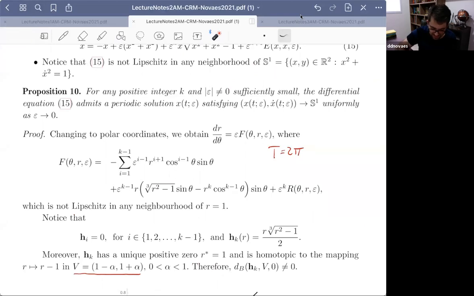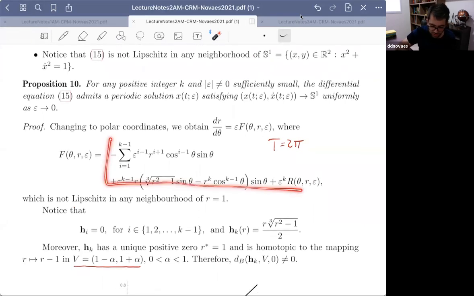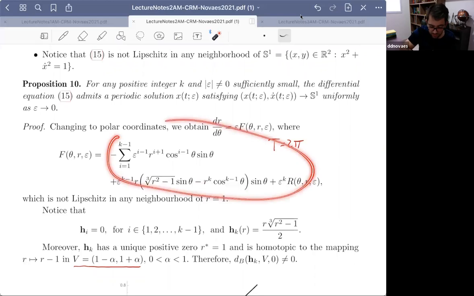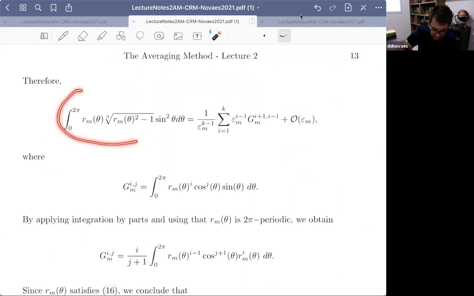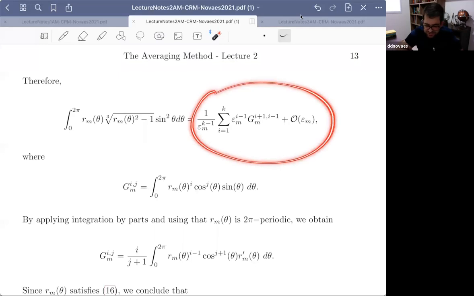Well, the idea now is to compute this integral. We know that the whole integral is 0. Then I will isolate this integral in the next page. So that's what we have here. The integral between 0 and 2 pi of R_m of theta cubic root of R_m of theta square minus 1 multiplied by sine square of theta is equal to this expression.